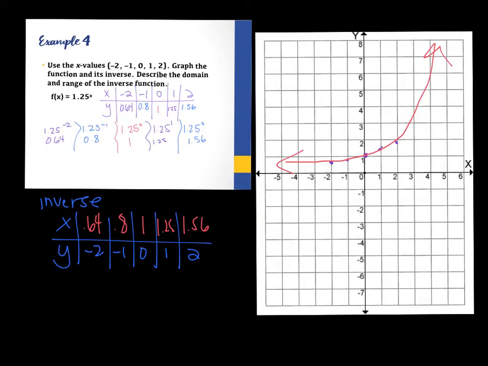So 0.64, -2. 0.8, -1. 1, 0. 1.25, 1. And 1.56, 2.